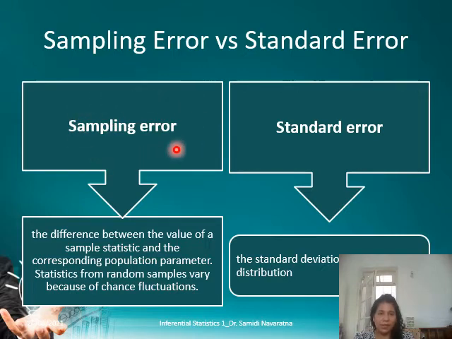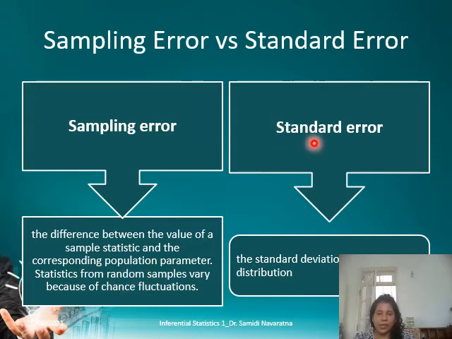So always there's some error involved. So sampling error is the difference between that value, the calculated value, and the corresponding population parameter. So statistics from random samples vary because of chance.